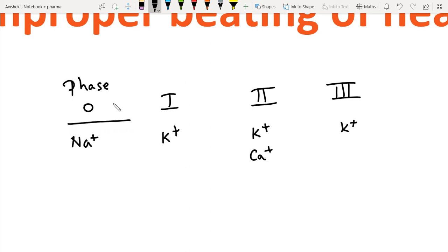Phase 0 sodium, phase 1 only potassium. In this they start repolarization.